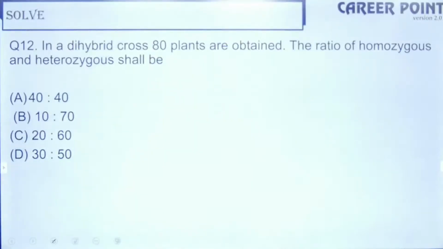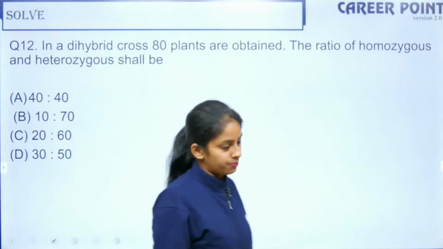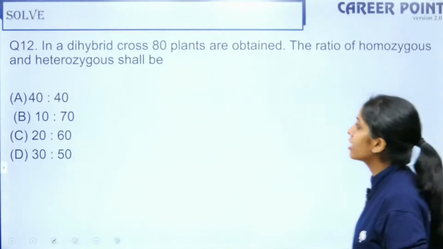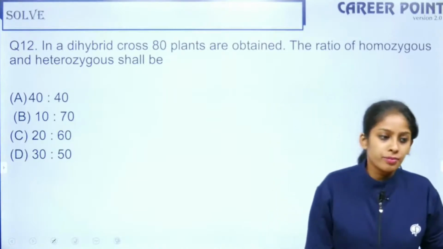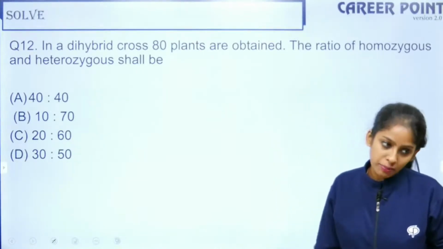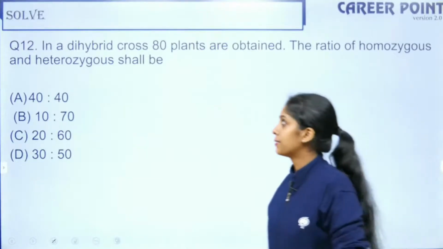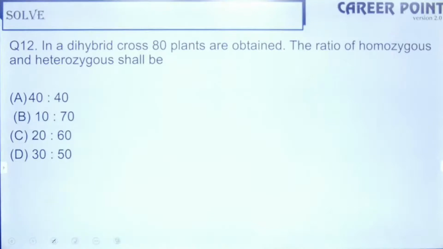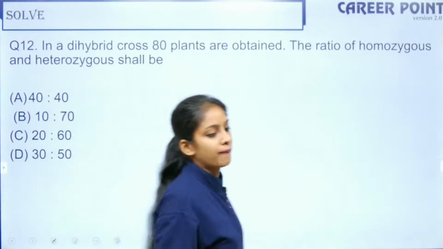Okay, question 12. In a dihybrid cross, 80 plants are obtained. The ratio of homozygous and heterozygous shall be. Yes, quick. It's an easy question, provided you think.